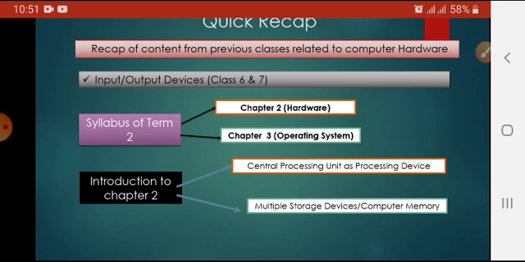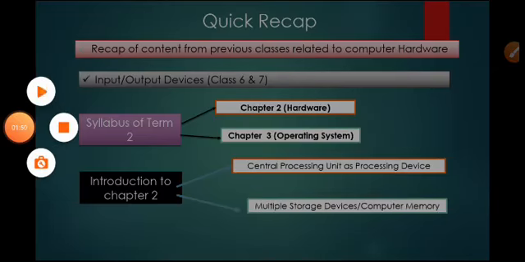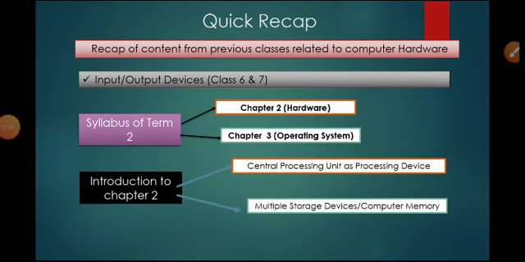The input devices are basically used to give data and instructions to the computer, and output devices are used to get the results from the computer. So it means that when we give data and instructions to the computer, it is processed and then the processed data and information is given to the output devices.